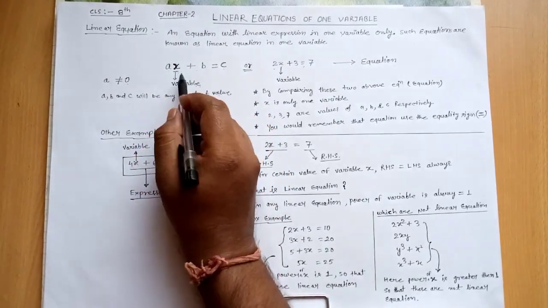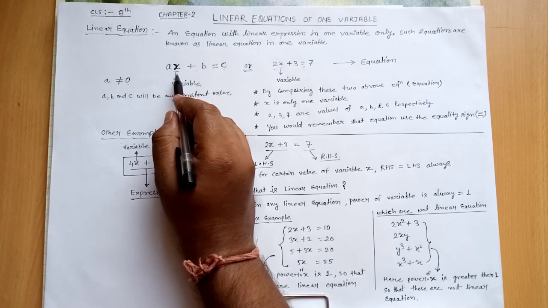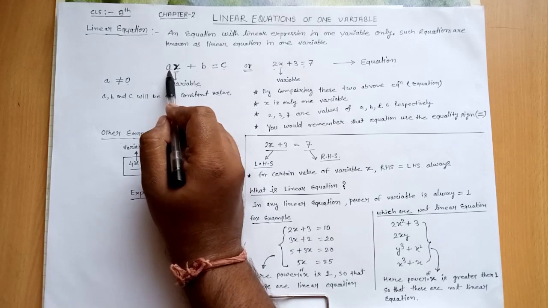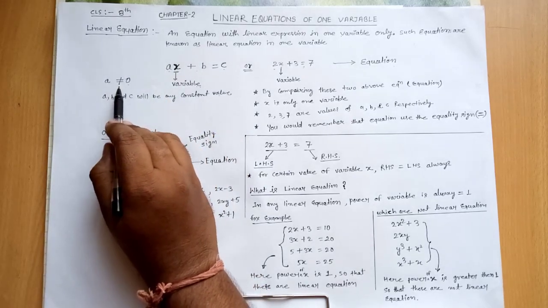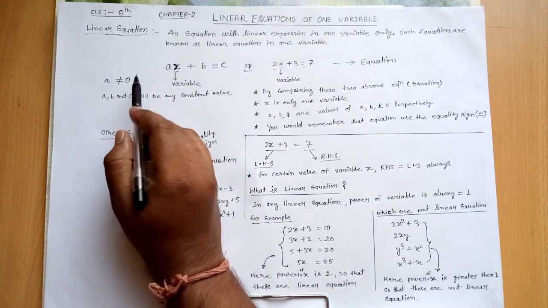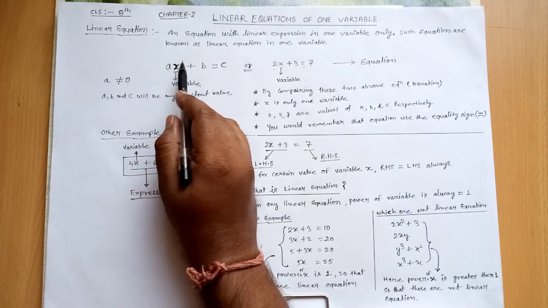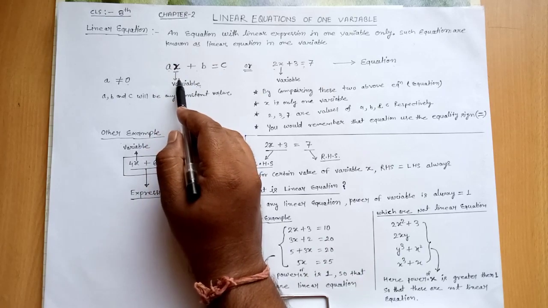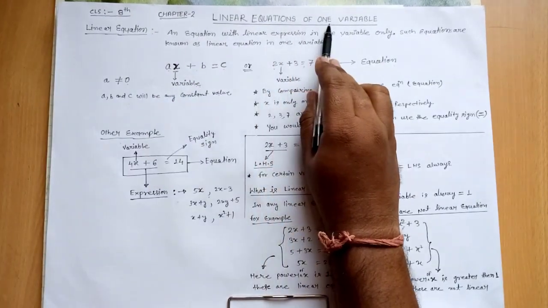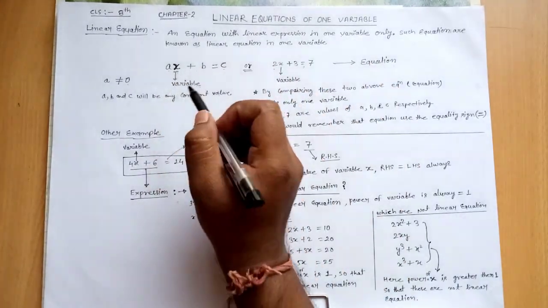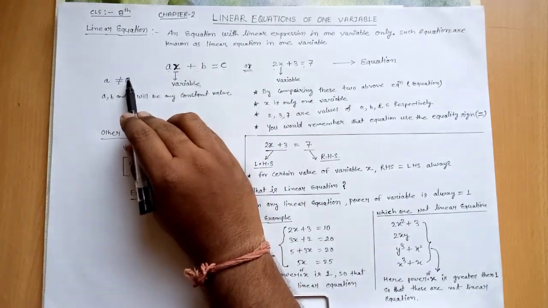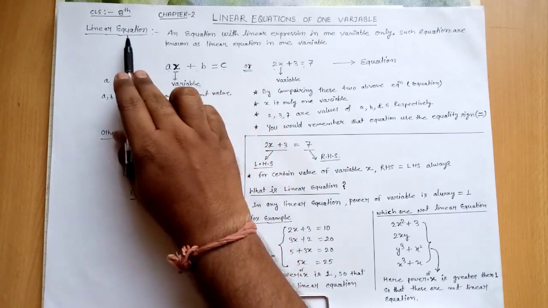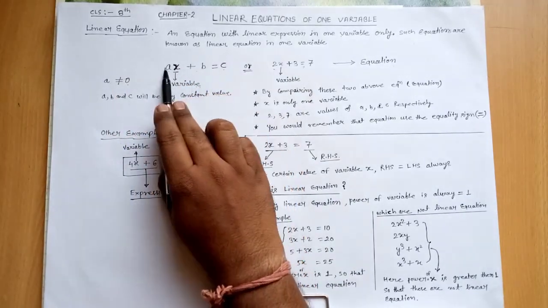The coefficient of x is a, and a will never be equal to 0, because if a becomes 0 then this whole term will be 0. That means there is no variable, but this is an equation of one variable. That's why a will never be equal to 0. This is the expression of linear equations in one variable.